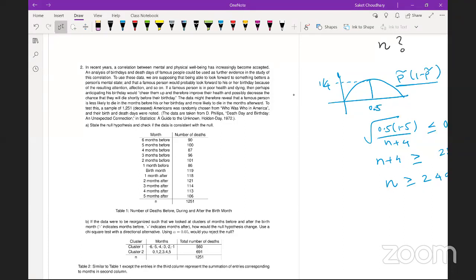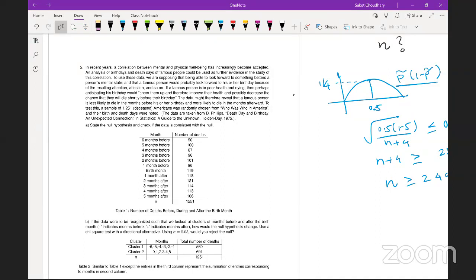In this particular problem, what was given to us is an assumption, which you have also looked at in the class, that there's a certain hypothesis that because of a person being famous, and they expect their birthdays to be coming in the next few months, even though they are old or susceptible to death, they have a lesser chance of actually dying before seeing their birthdays.